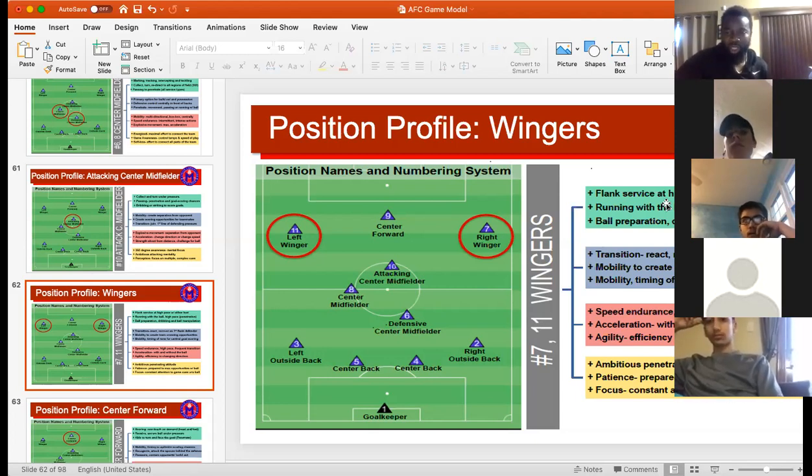Ambitious, penetration, attitude, be patient, prepared to maximize opportunity. Stuff like that you should have when you play on the wings, right?